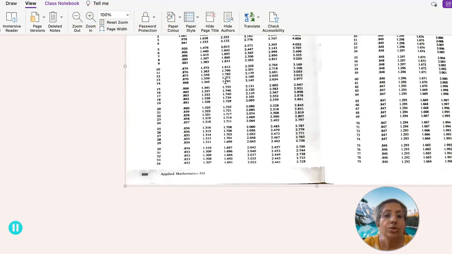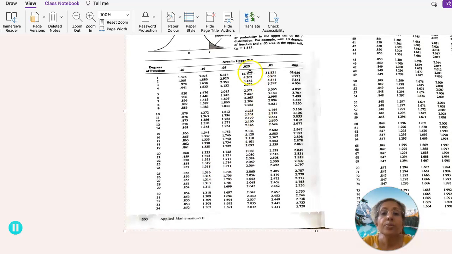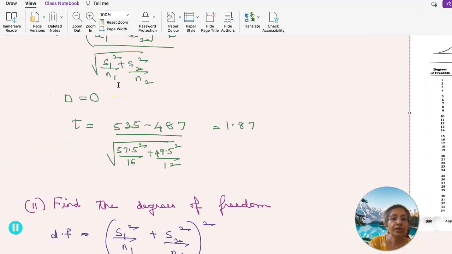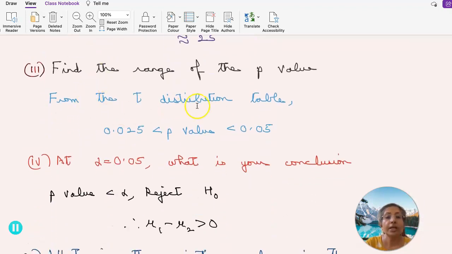So corresponding to 25, test statistic is 1.87. So it lies basically between 1.711 and 2.064. So it lies between 0.025 and 0.05. So the p-value will lie between 0.025 and 0.05.